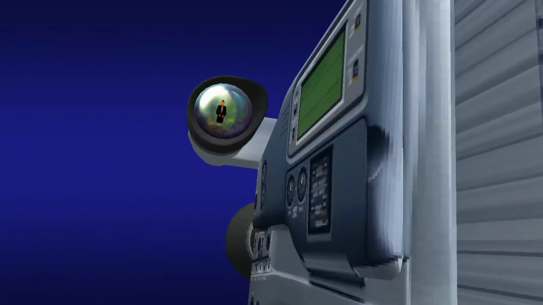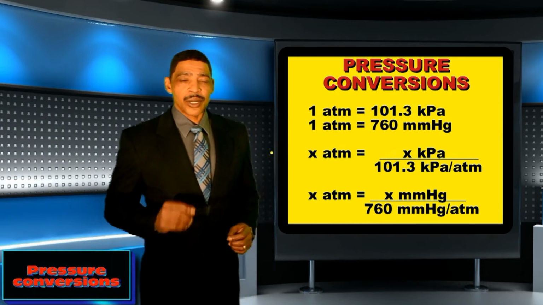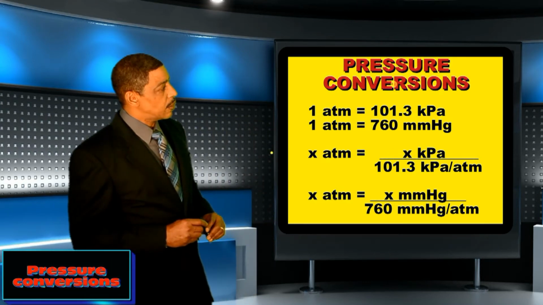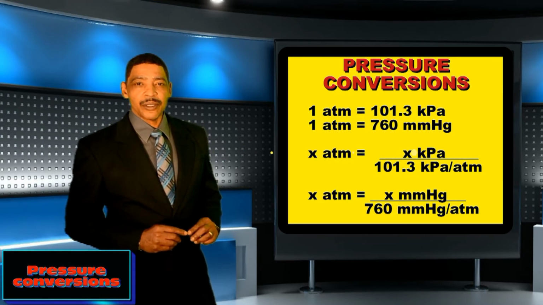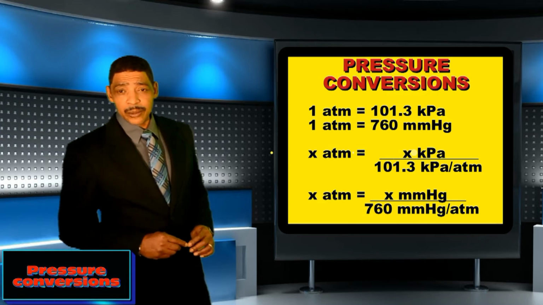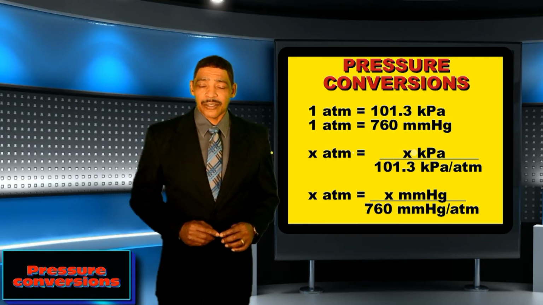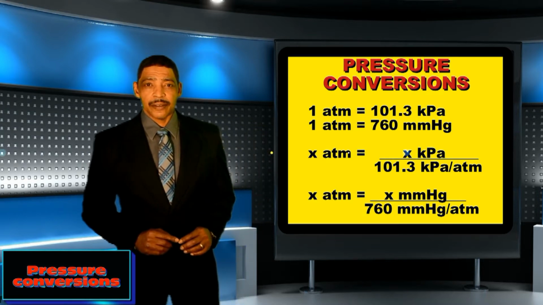At some point, you may be required to perform conversions involving pressure and temperature. To perform pressure conversions, consider the following, where 1 atmosphere of pressure is equal to 101.3 kPa. 1 atmosphere of pressure is also equal to 760 millimeters of mercury, or 760 torr.